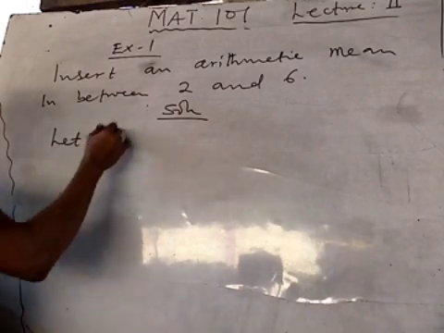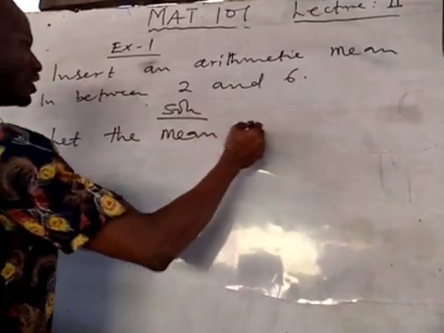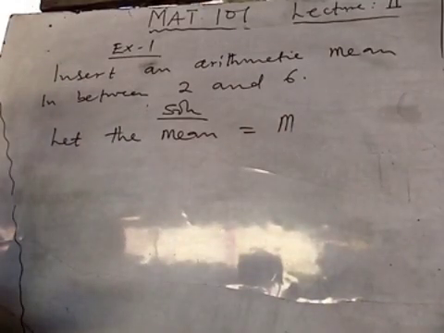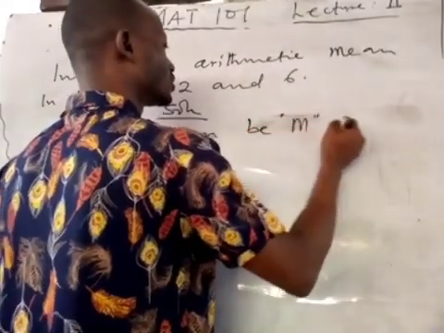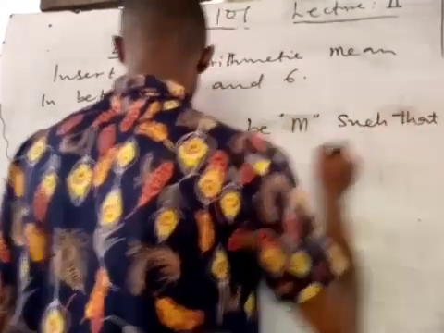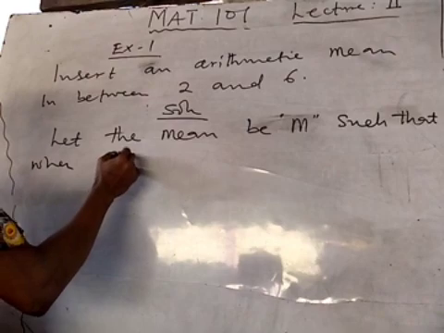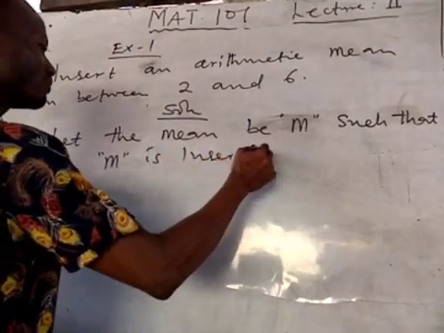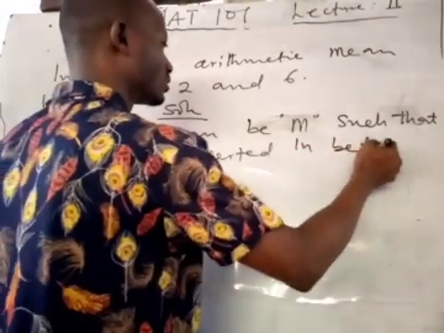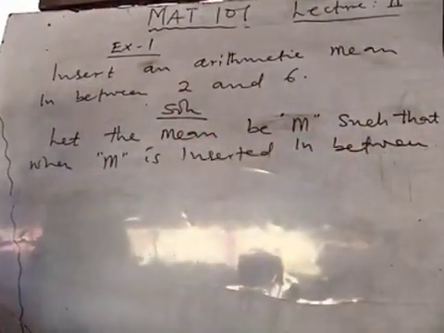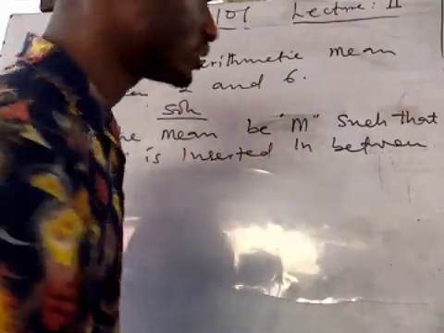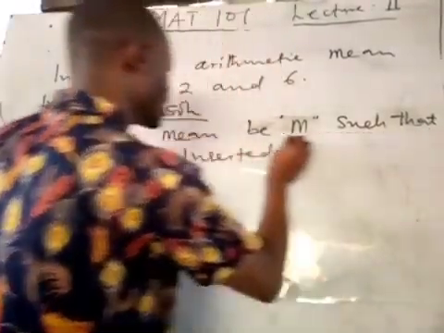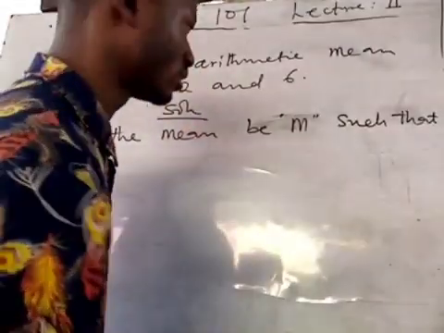So I'll make an assumption: let the mean be m, such that when m is inserted in between 2 and 6, we will form a sequence in arithmetic progression.